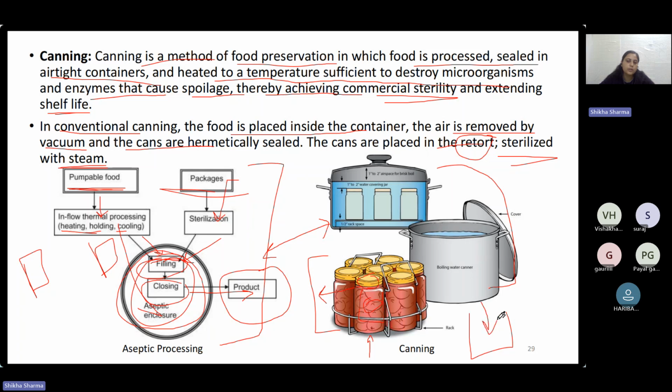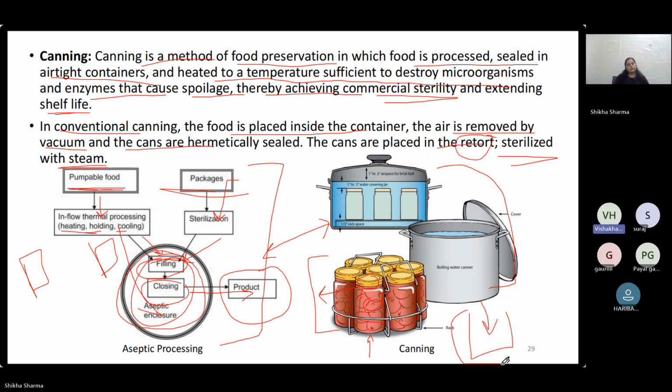We have not sterilized the food product or jar so far. The basic is the same, that both involve sterilization.